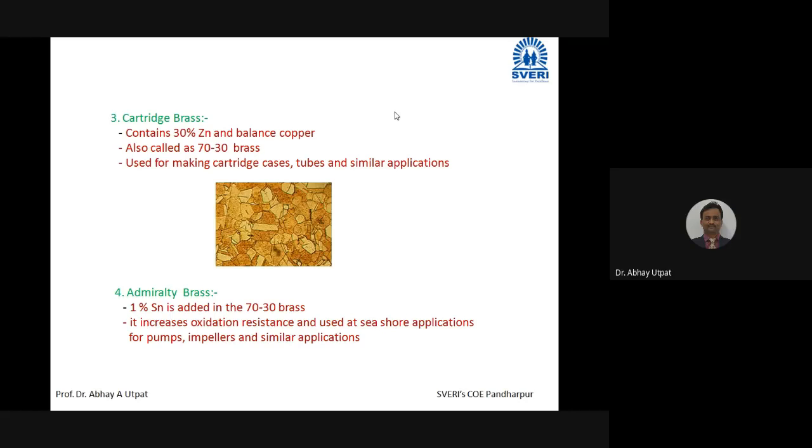You may Google it and tell. If you are not knowing, then tell me now. I will tell. Cartridge is cartouche.